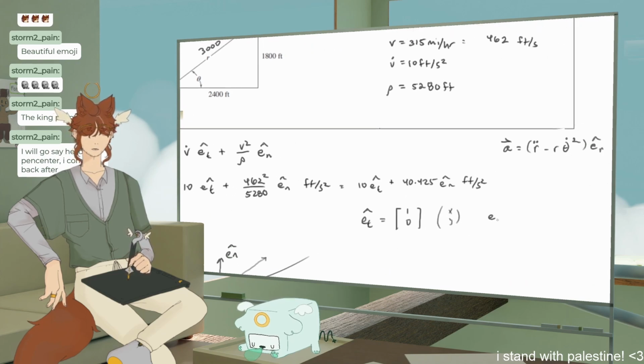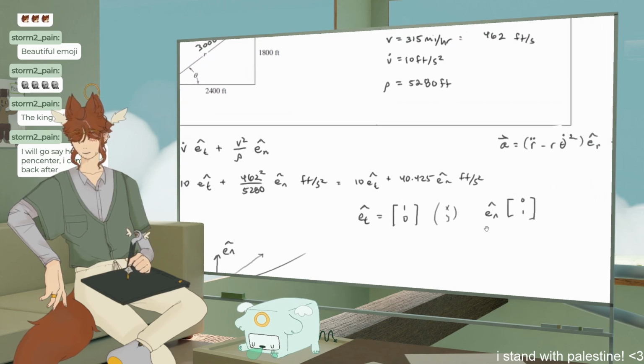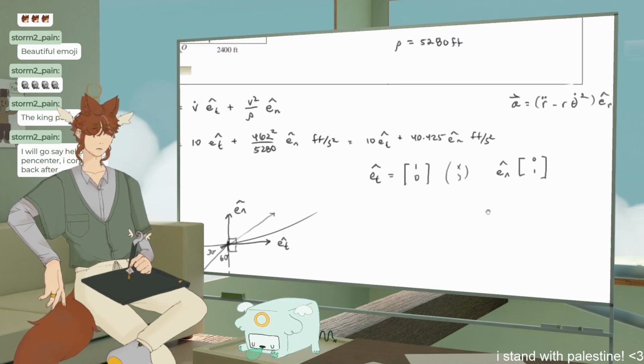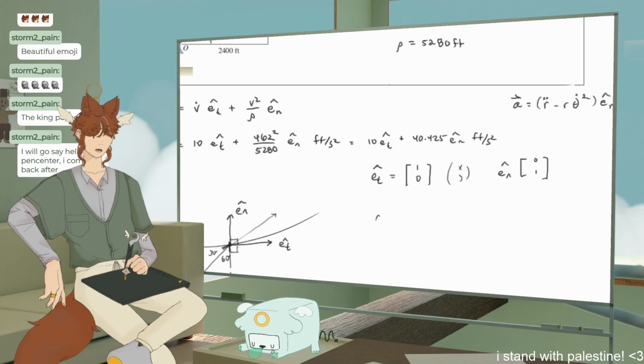And EN is 0 1. Right? Okay, we just got lucky. That's not always the case. So we know that this vector then is A equals 10, 40.425.